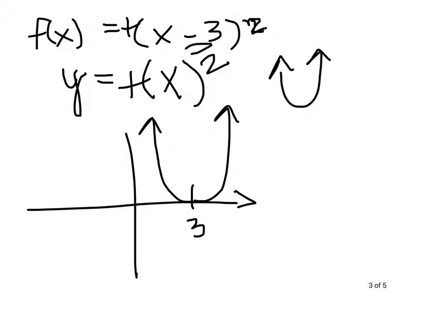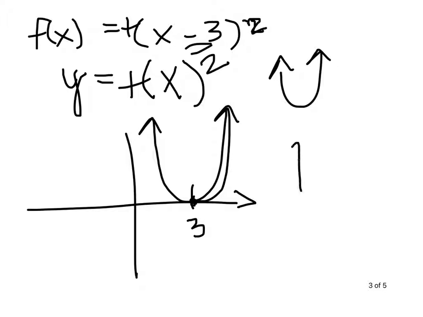So then the question asks you, state the intervals on which this function is increasing and decreasing. So it's increasing from this point, from the 3 up, and I know it's x equals 3 because of this, right?